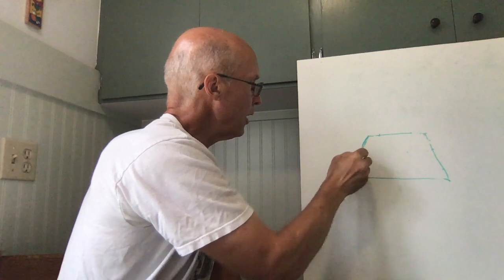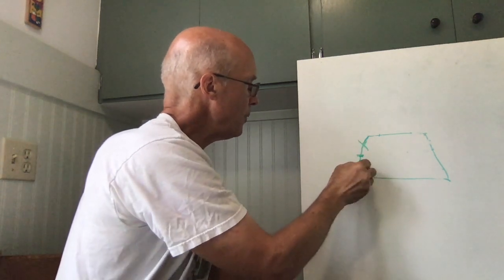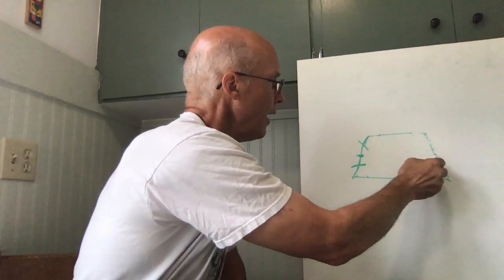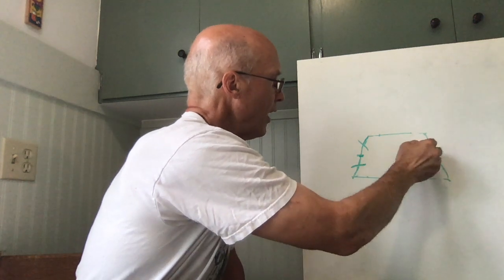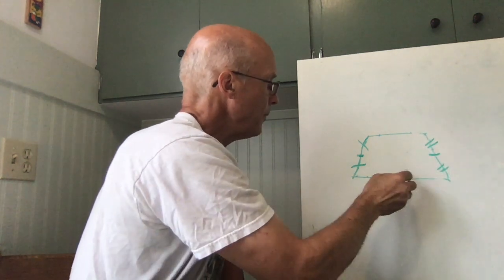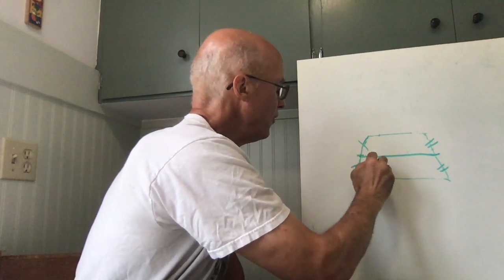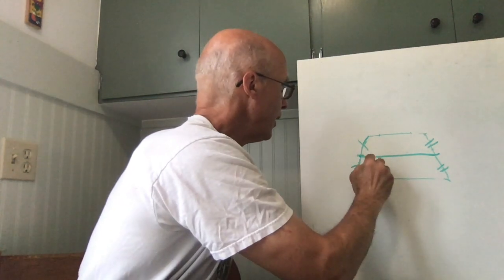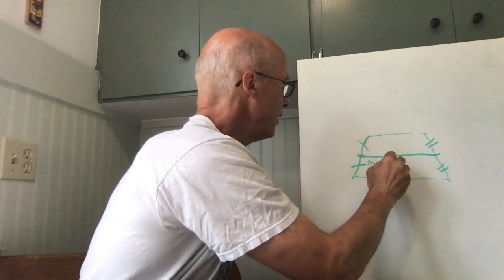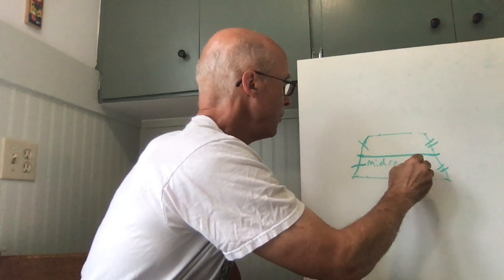So if we split that so that this is going to be the same as that, and we split this one so that that is going to be the same as that, this right here is called the mid-segment. Can you read that if I write that? Mid-segment.